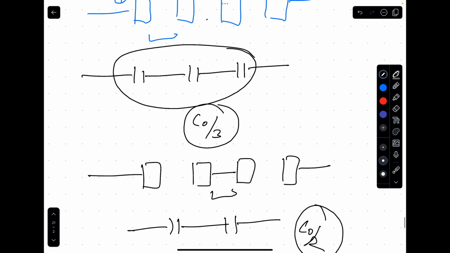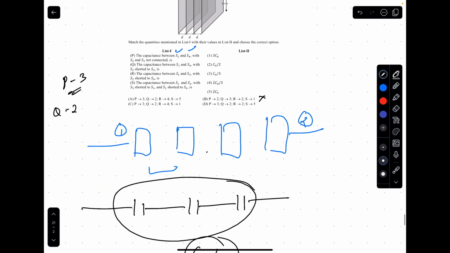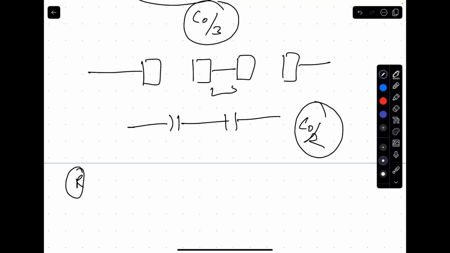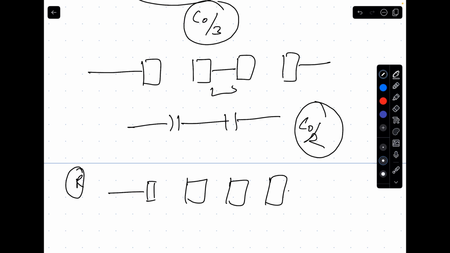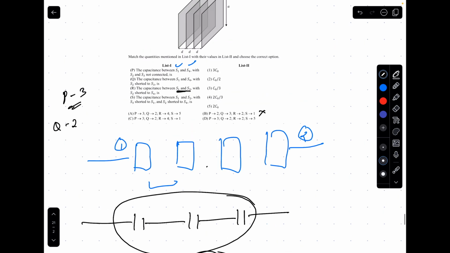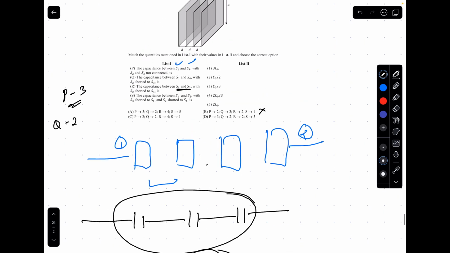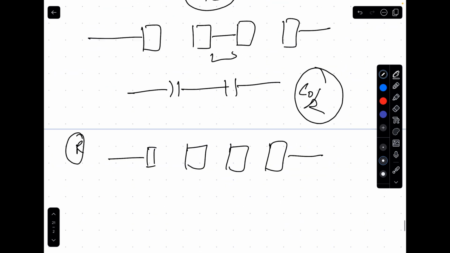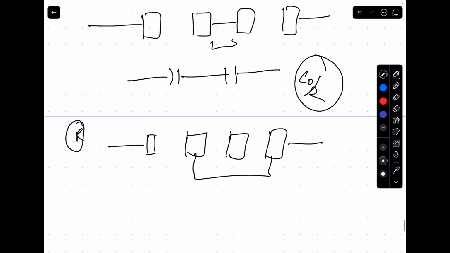In the R, we need to calculate the capacitance between 1 and 3, with 2 and 4 shorted. So we need to find it between them, and 2 and 4 are shorted.